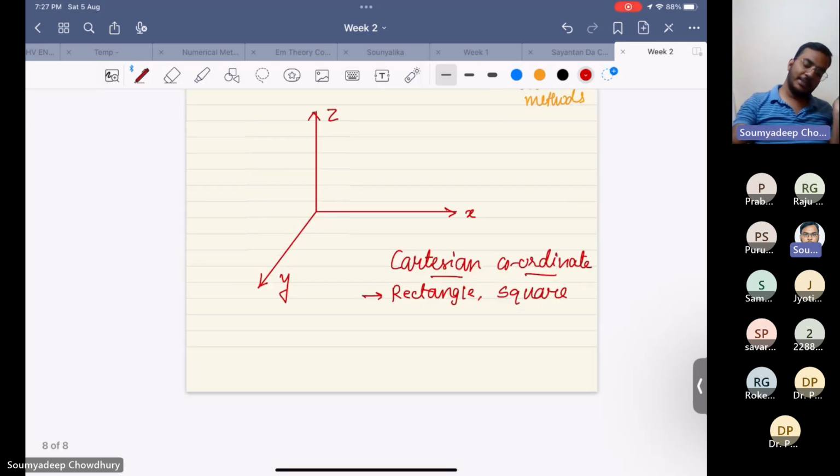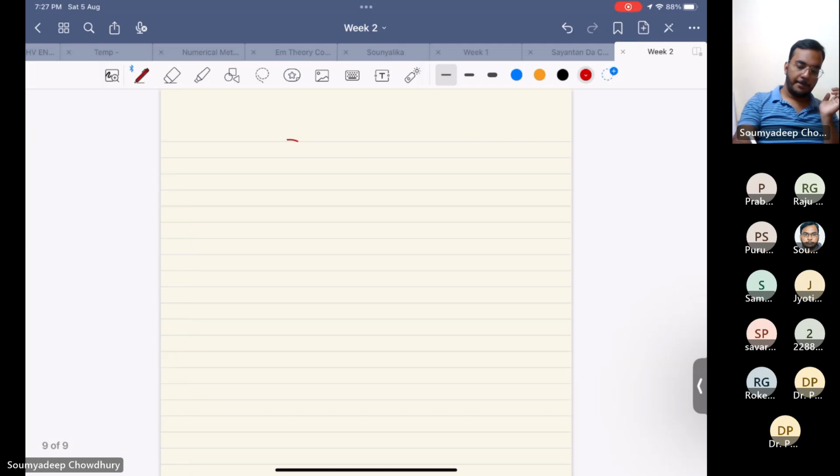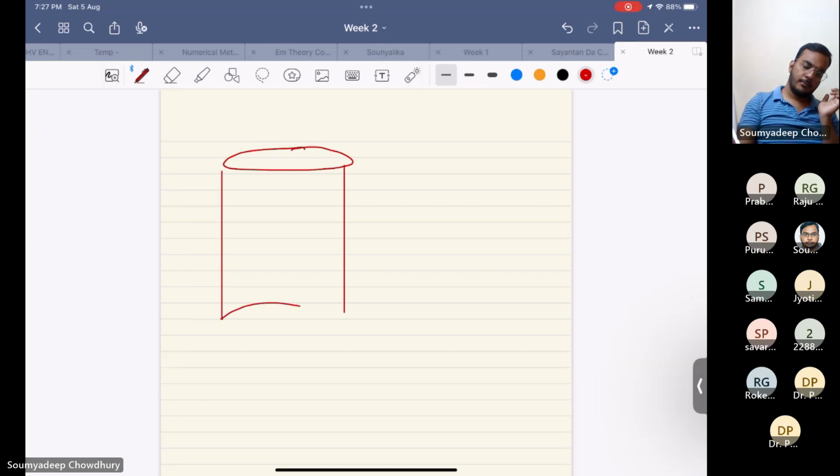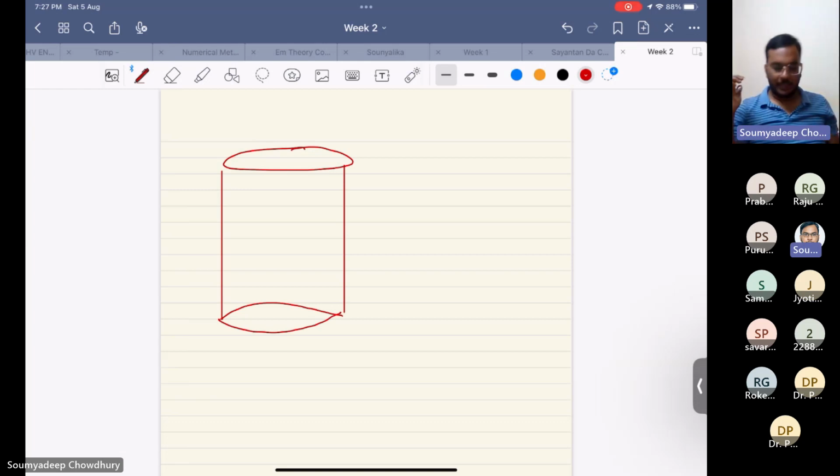Now suppose we have a cylinder, right? Suppose we have a cylinder like this, and if we try to fit our Cartesian coordinate system into this type of cylindrical structure, we can fit it obviously, but it is not appropriate for this kind of shape.